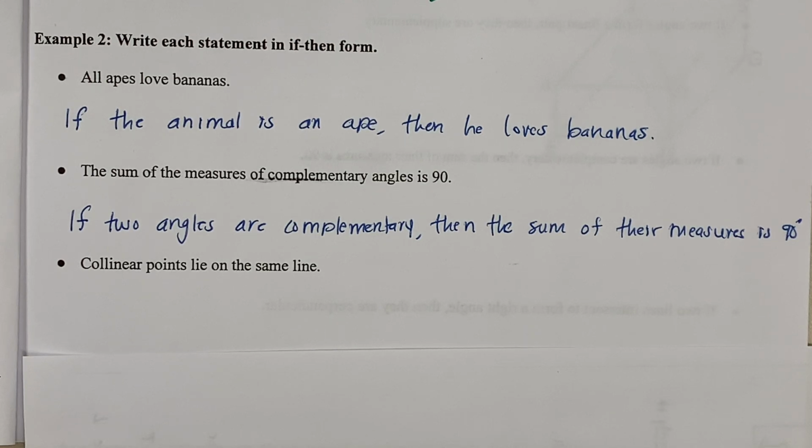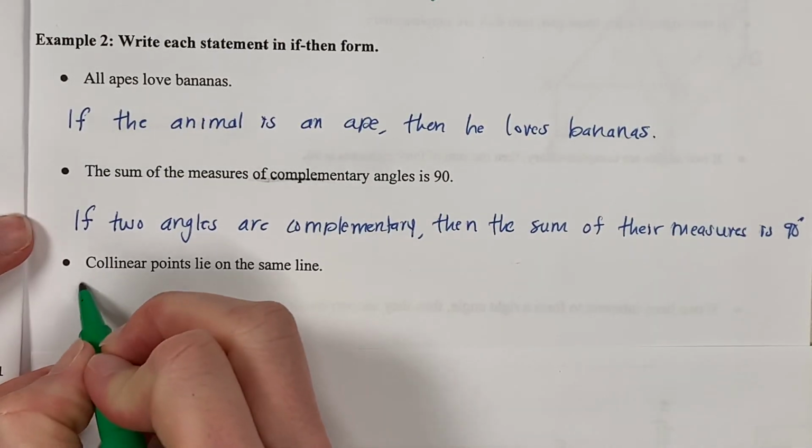Okay. So we have collinear points lie on the same line. One way that we could write this as a conditional statement: if points lie on the same line, then they are collinear.